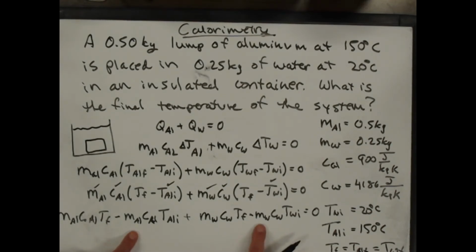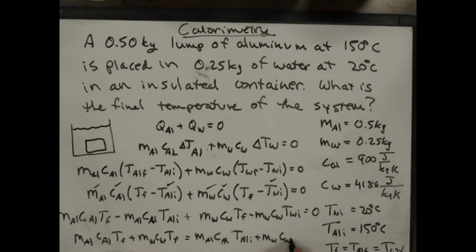I'm going to move the two negative ones over to the other side of the equal sign, and so this is going to give me mass of the aluminum, specific heat capacity aluminum, T final, plus mass of the water, C for the water, T final, equals mass of the aluminum, C for the aluminum, T aluminum initial, plus mass of the water, C for the water, T water initial.